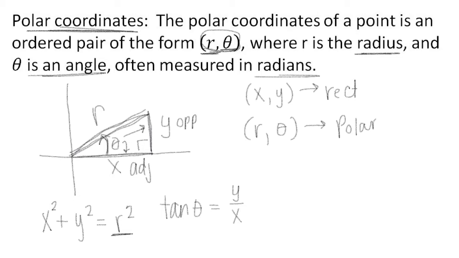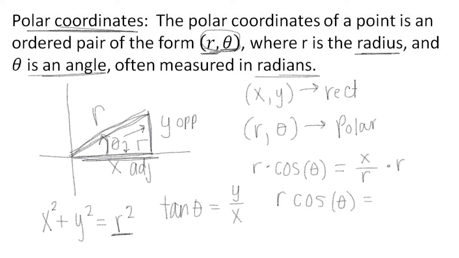Well, how can I come up with some kind of conversion between the two? If we remember back to our unit circle, if tangent of theta is y over x, we also know cosine of theta is going to be adjacent over our hypotenuse, r. So if we multiply both sides by r, we have a nice little conversion from polar into rectangular: x is r cosine theta.